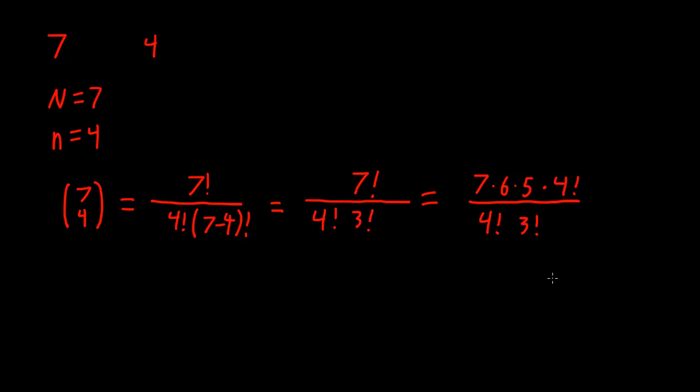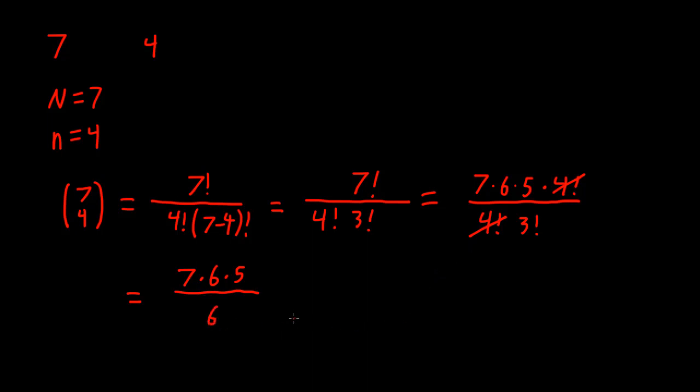Now we can do a standard math trick where we cancel out the top and the bottom. We cancel out our 4 factorial and our 4 factorial. We're left with 7 times 6 times 5 divided by 3 factorial, which is 3 times 2 times 1, which is 6.